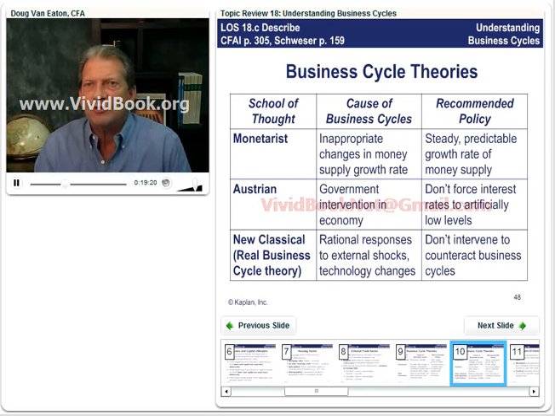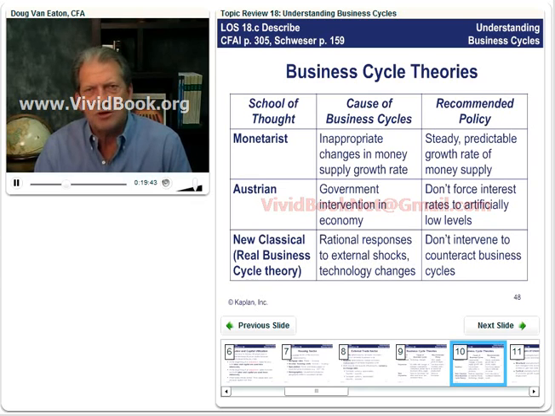Don't force interest rates to artificially low levels. Well, at the point I'm recording this, the broad consensus is that interest rates are at very low levels, and we've just recently seen some 30-year lows in interest rates. And so the Austrians, what do they say?